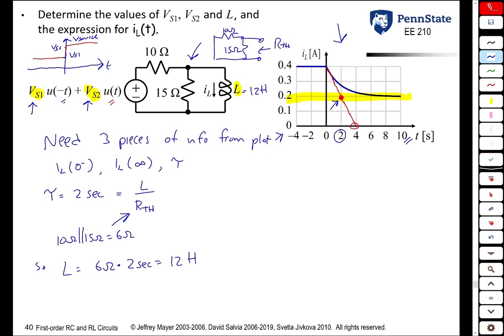To find Vs1 and Vs2, we're going to use these two things. If you look at the circuit before the change at 0, the value of the voltage source is Vs1, 10 ohm resistor, 15 ohm resistor. The inductor is going to be a DC short circuit.